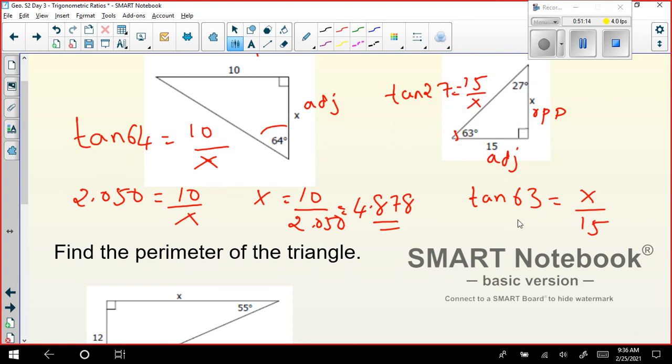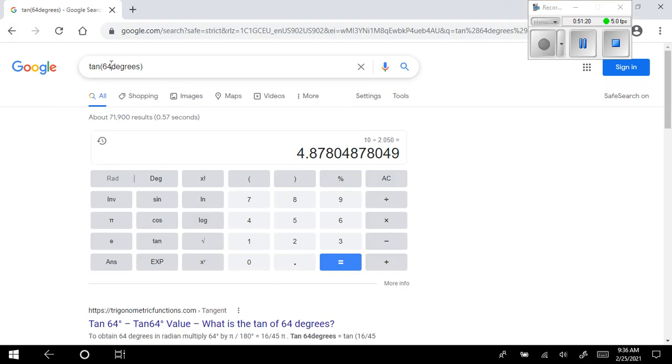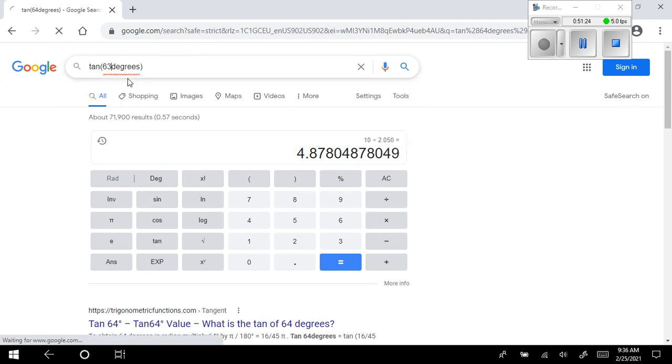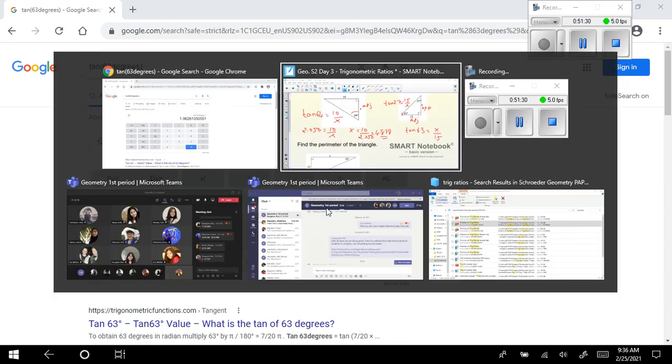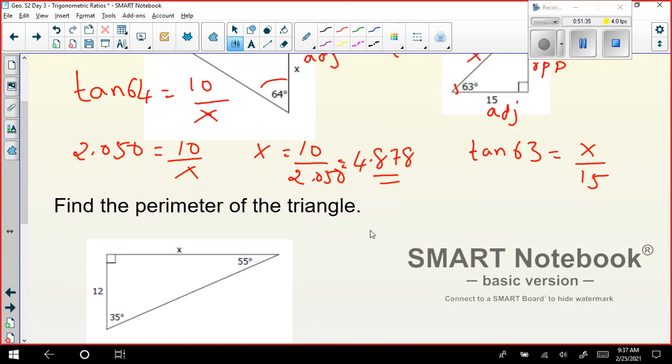Anyway, let's simplify this using tan 63 equals x over 15. So tan 63 degrees is nothing but 1.963. So 1.963 equals x over 15.